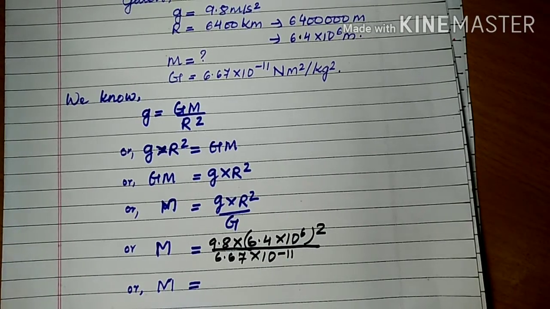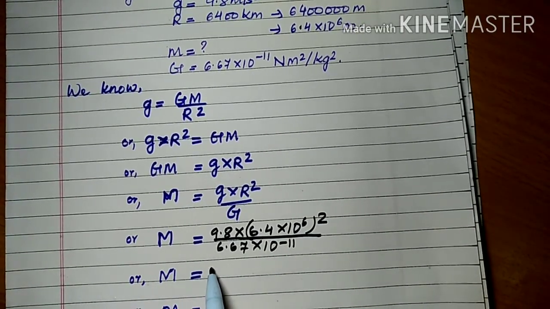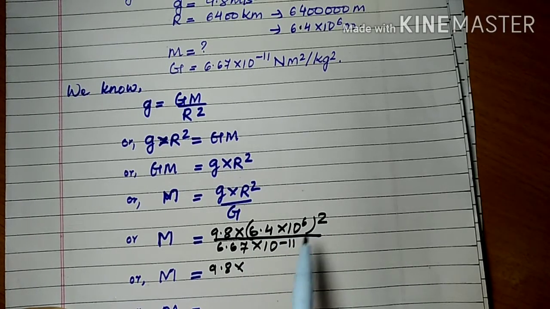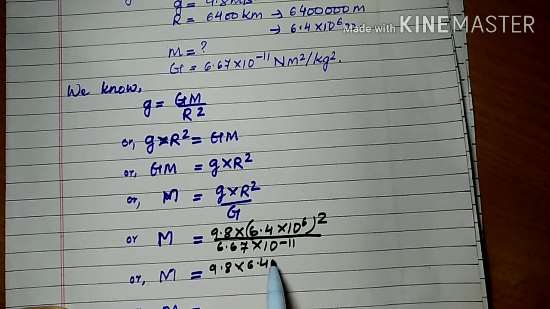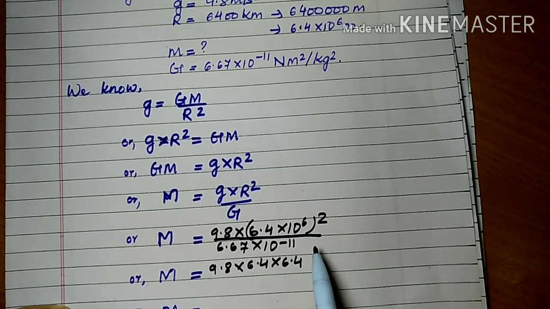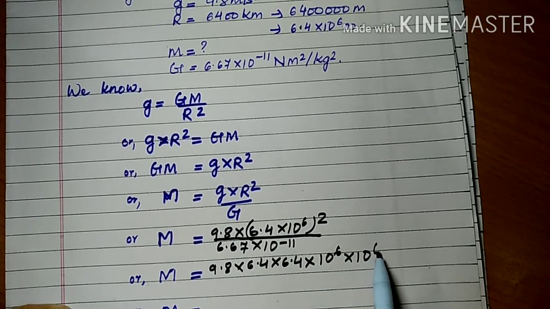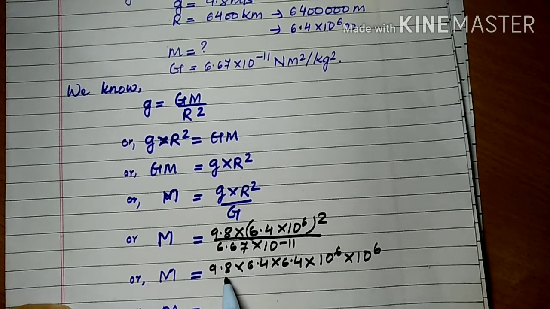Now we'll do the calculation here. So 9.8 into 6.4 into 10 to the power 6 whole square. So 6.4 into 6.4, 2 times multiplication because it is square, and 10 to the power 6 into 10 to the power 6, because this is also a square. Now divided by 6.67 into 10 to the power minus 11.